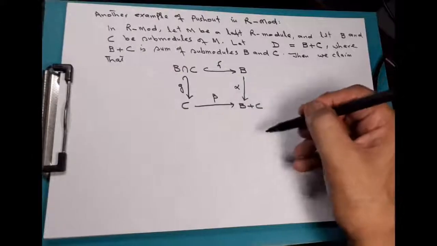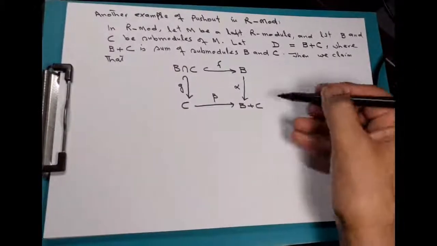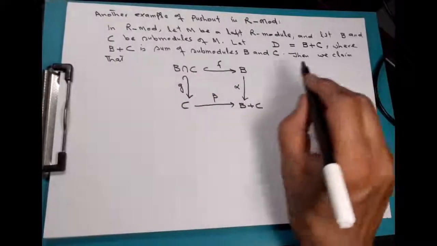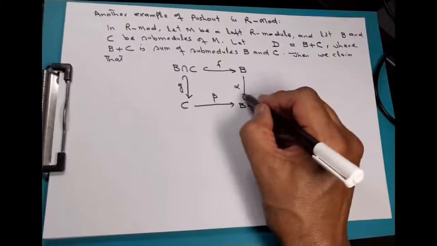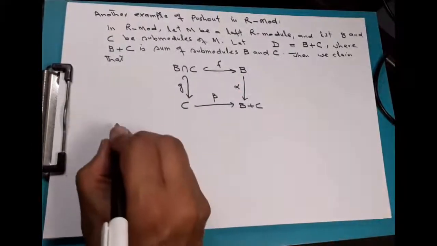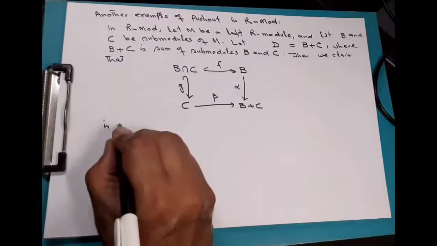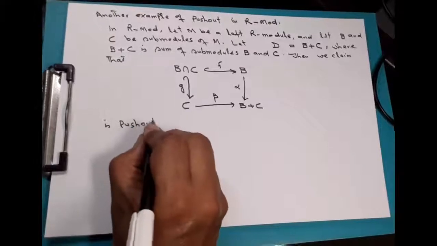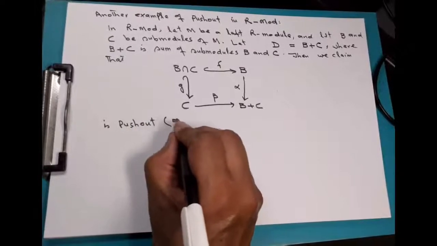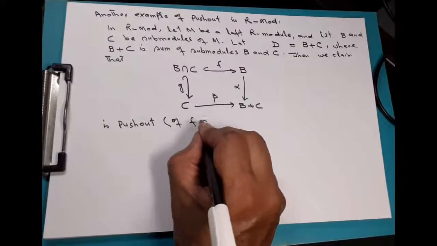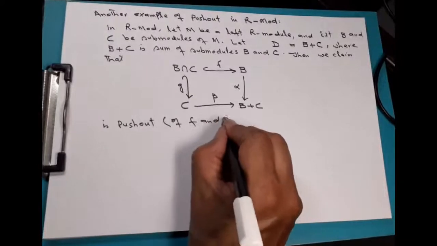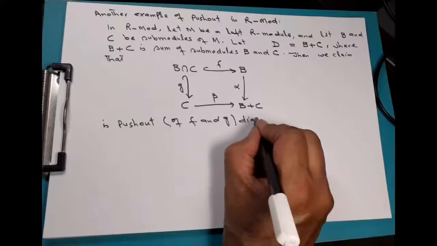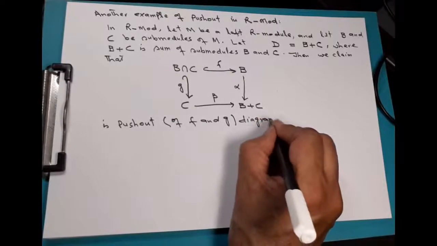These maps alpha and beta are very simple maps. We will define these maps very soon. So then we claim that this particular diagram is push out of F and G. So this is push out diagram. This is what we have to establish.